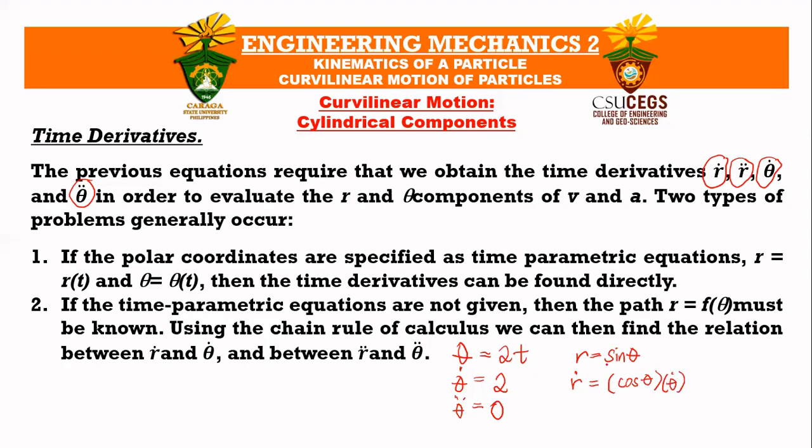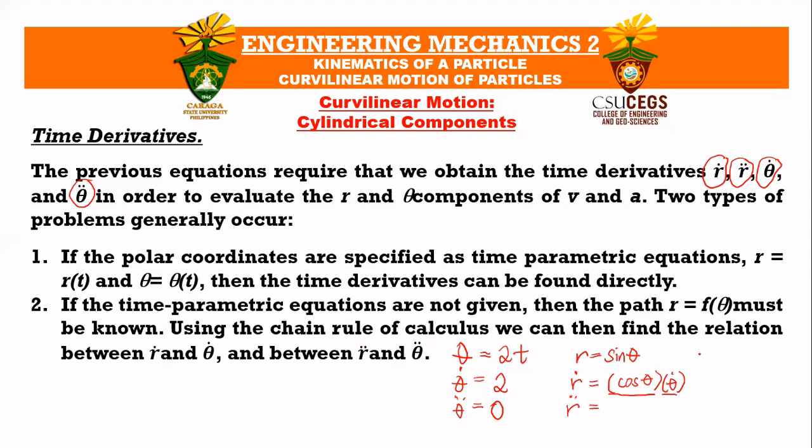That is the derivative of sine, which is the cosine, and the derivative of theta, which is the theta dot. And for the r double dot, or the second derivative, that is by using the product rule, since the two of these terms are different.